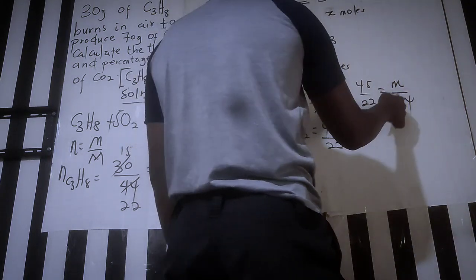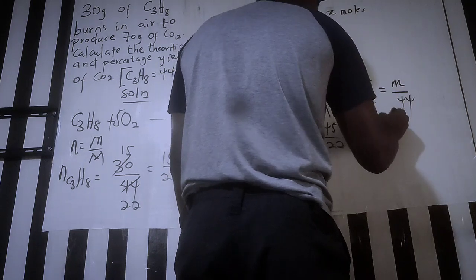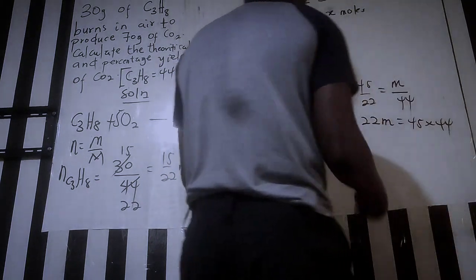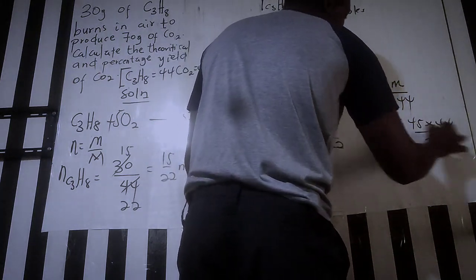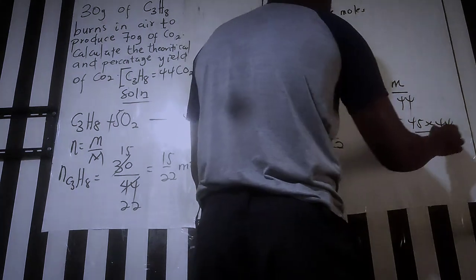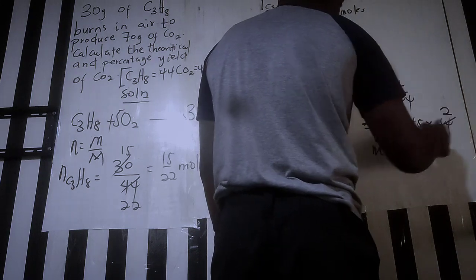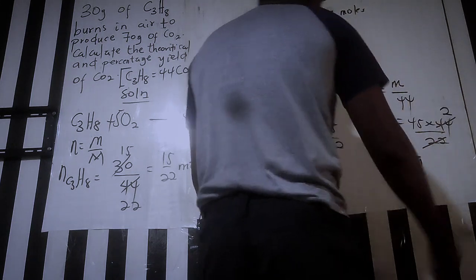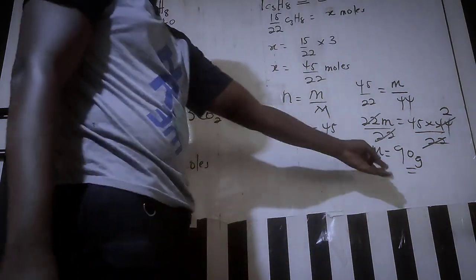So by this we can cross multiply, so 22 times M is equal to 45 times 44. Dividing both sides by 22, M will therefore be equal to, this one cancels here, 2 times 45, we're having 90 grams. So this becomes the answer for the theoretical yield.